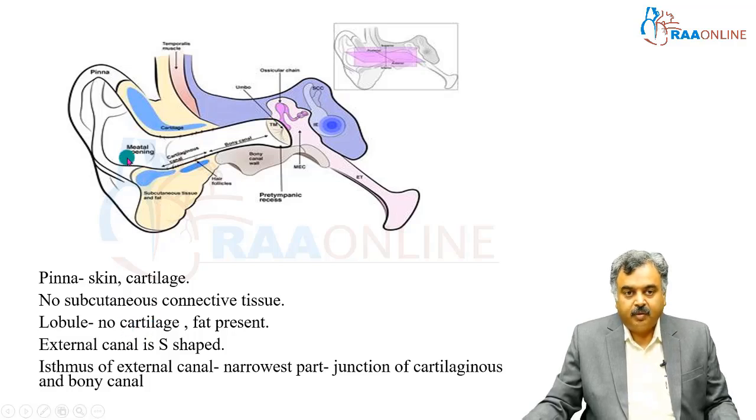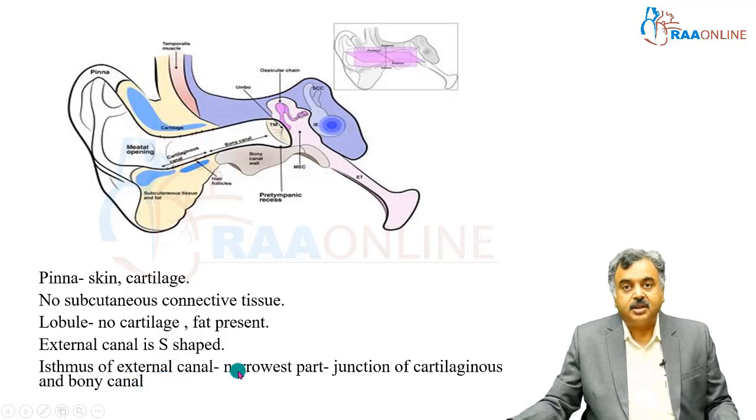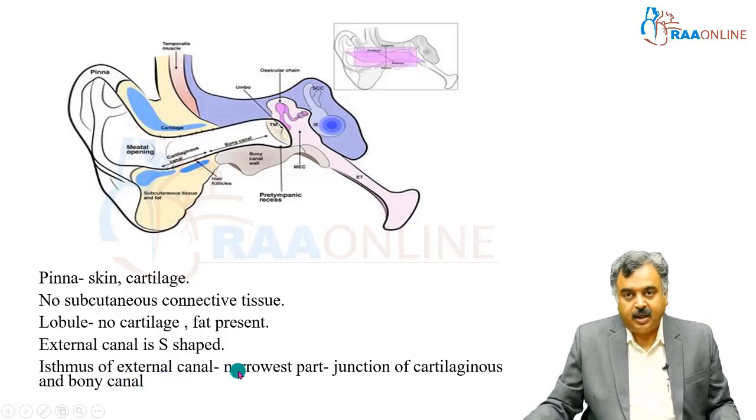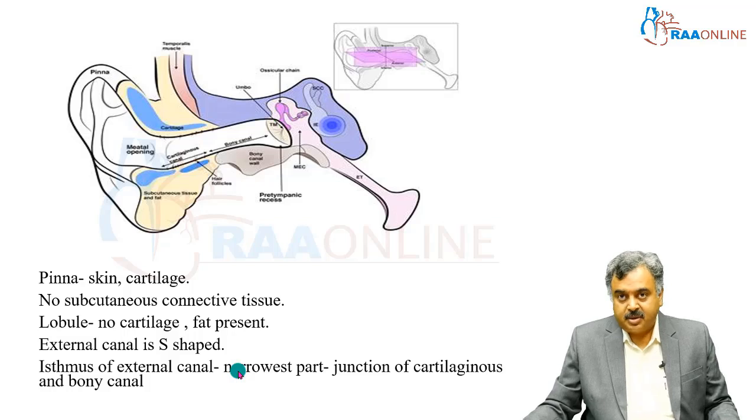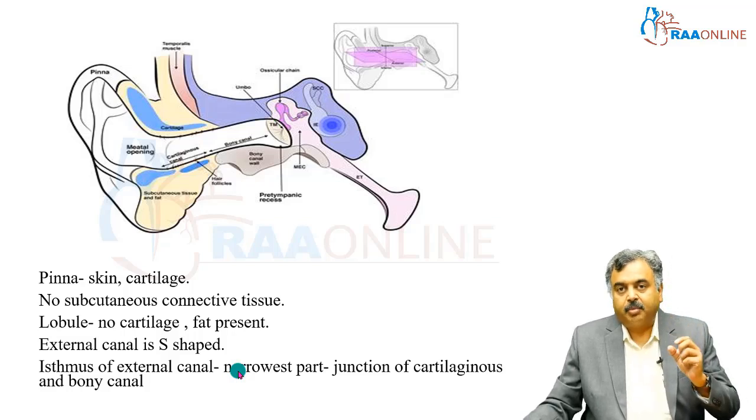The external auditory canal is S-shaped, curving from the outside to the inside, and the isthmus, which is the junction of the cartilaginous and bony parts, is the narrowest part of the ear canal. This is important because in case of impacted wax or keratosis, it is the isthmus where the problem happens.